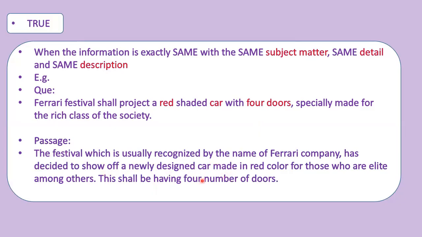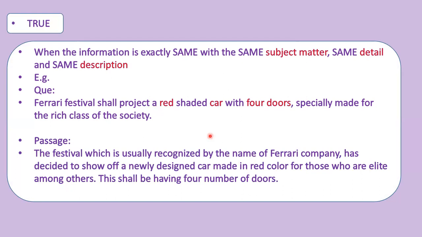Newly designed car. I get it. So the subject matter is the same, right? Red car. Okay. Now here we see what about the detail and description. The description I can see says car made in red color. So let me just see the information. The description was color, and it is a color.